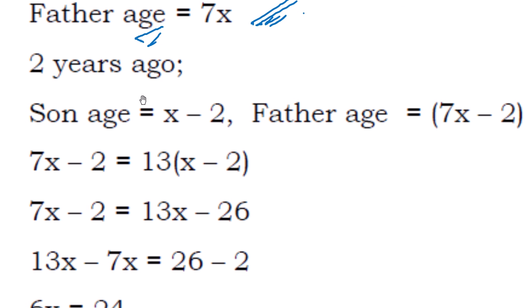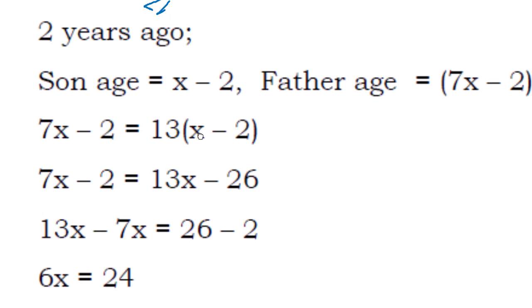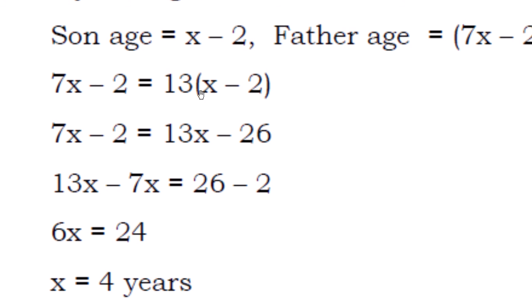But what is the relation between the ages of father and son 2 years ago? Father's age 7x minus 2 is 13 times son's age, x minus 2. So 7x minus 2 equals 13 into x, 13x, 13 into 2, 26.